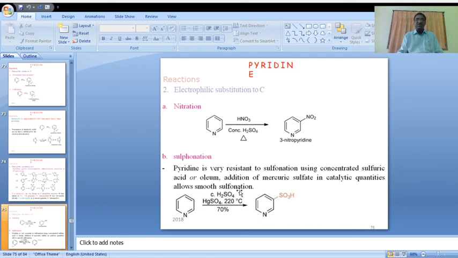This is called pyridine 3-sulfonic acid. Is it clear? These are suitable examples of electrophilic substitution reactions to understand pyridine very easily. Is it clear, all of you?